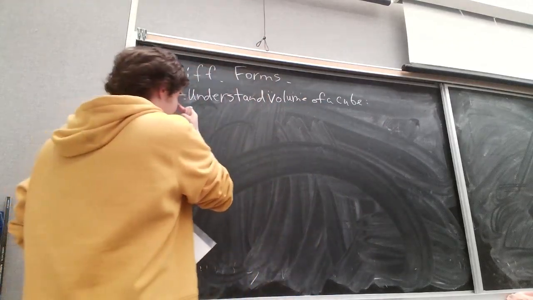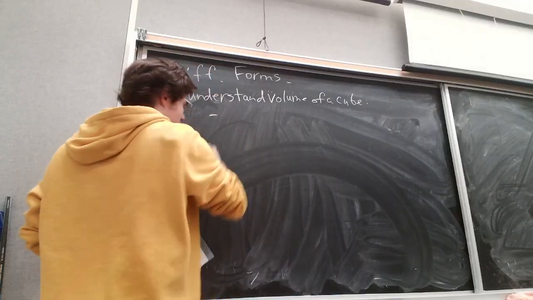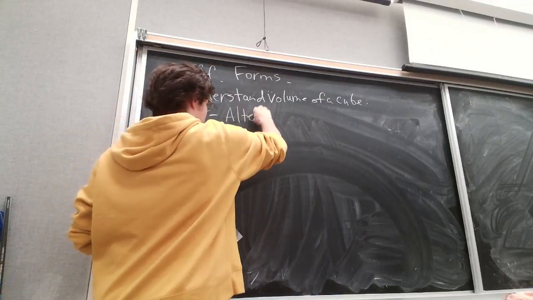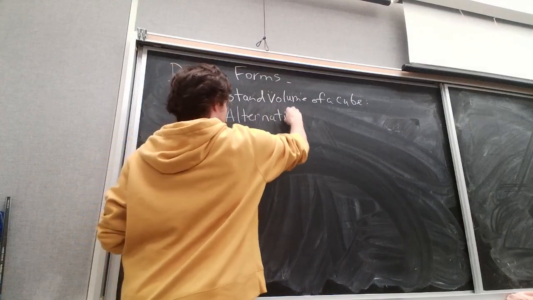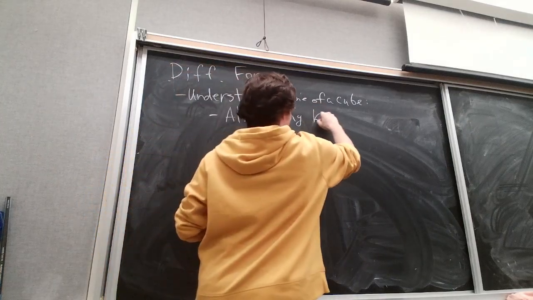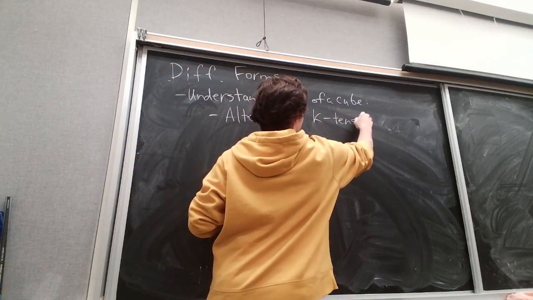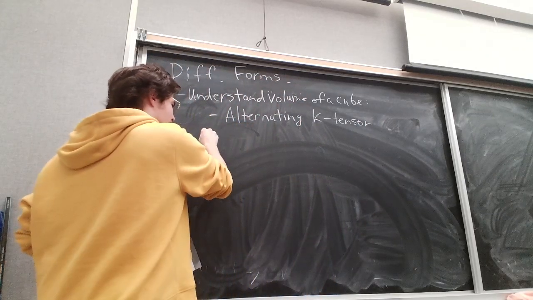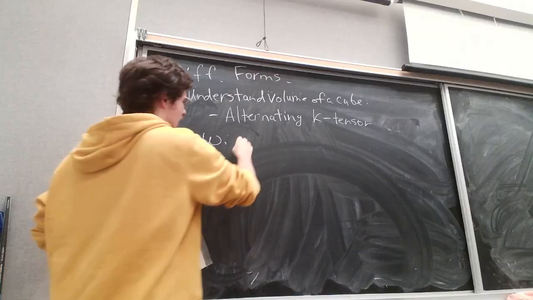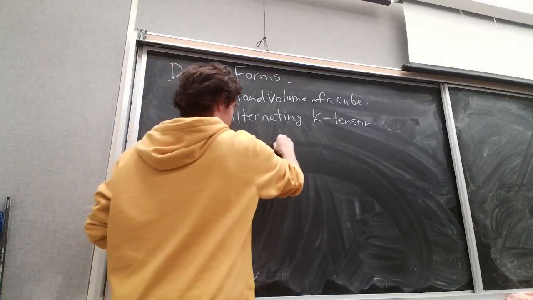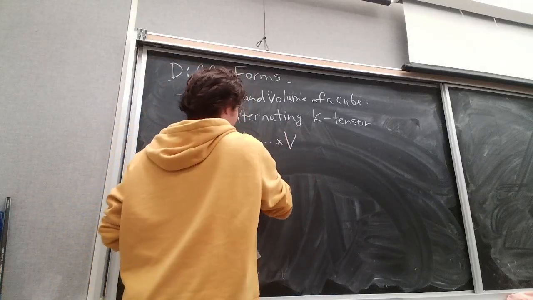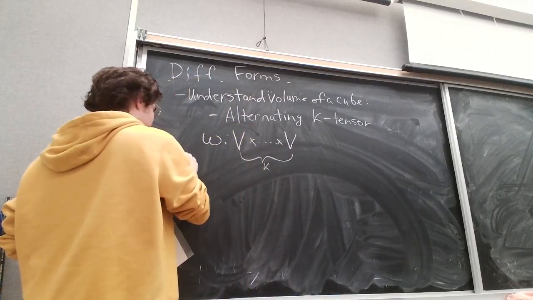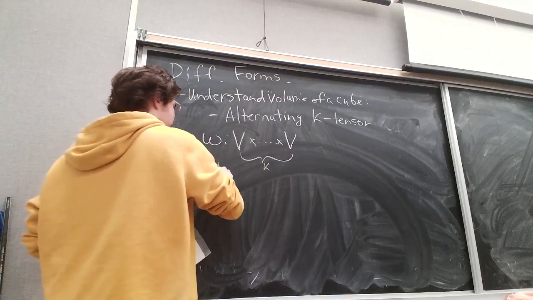And we realized that this is precisely described by an alternating k tensor. So it is some function which takes in k vectors as input, and is multilinear.